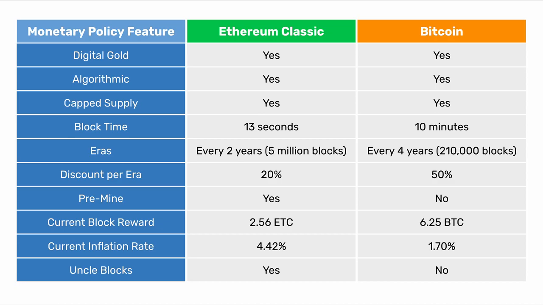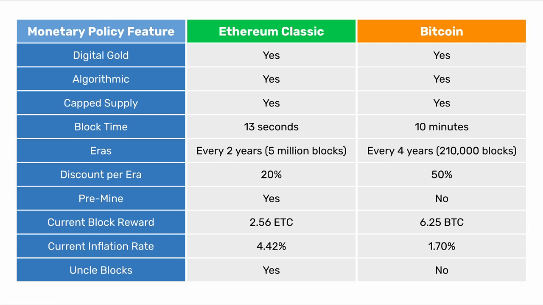Block time for Ethereum Classic is 13 seconds and Bitcoin is 10 minutes per block. Eras: in Ethereum Classic, each era lasts more or less 2 years, and the eras are 5 million blocks each. In Bitcoin, they last 4 years and they are 210,000 blocks each. We're going to explain these things and what they mean in the next few sections.